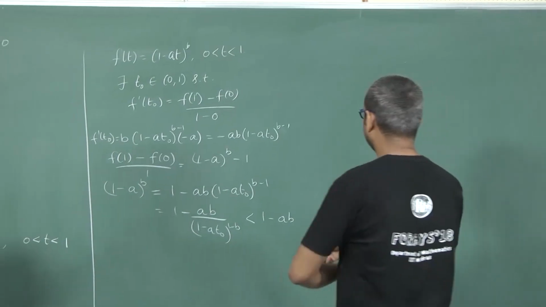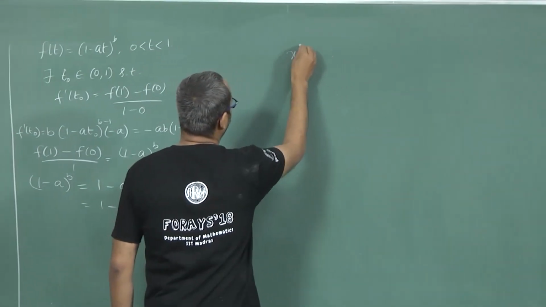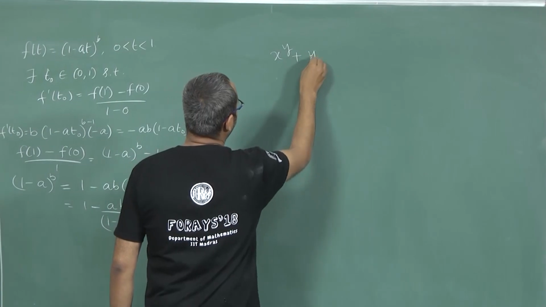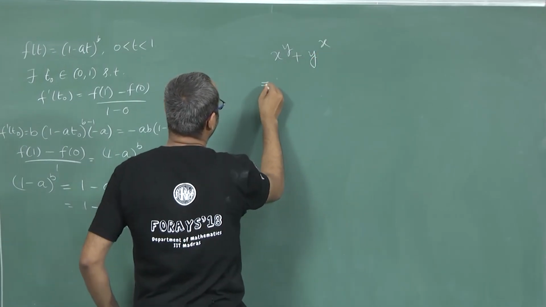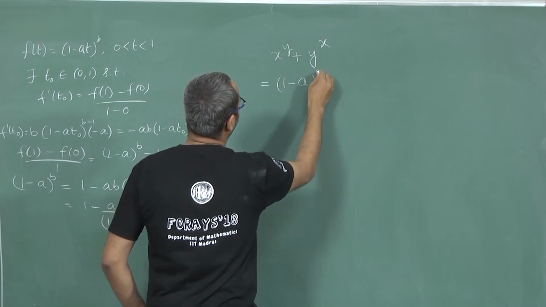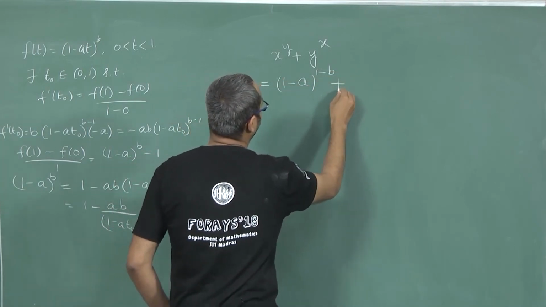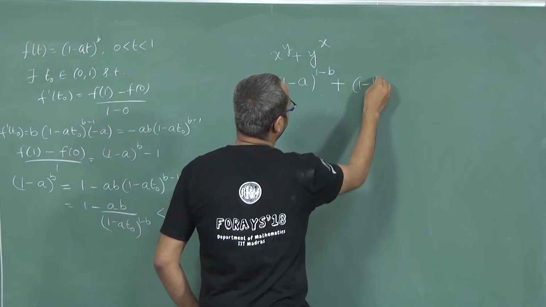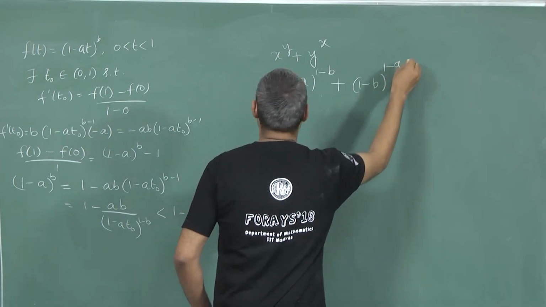Now if we take our original problem, x power y plus y power x, I can actually write that as 1 minus a power 1 minus b, plus 1 minus b power 1 minus a.